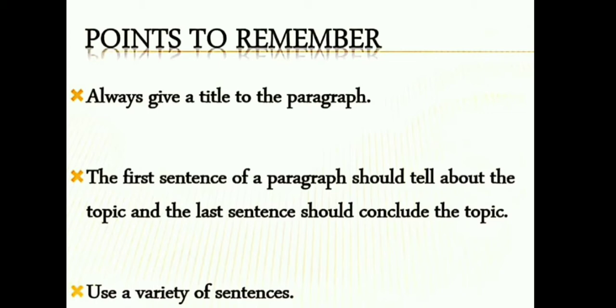As we studied, the first sentence should always be related to the topic, and there should also be a concluding sentence which concludes the paragraph. We should also use a variety of sentences. You should remember the sentences should be related only to the main idea or the topic.